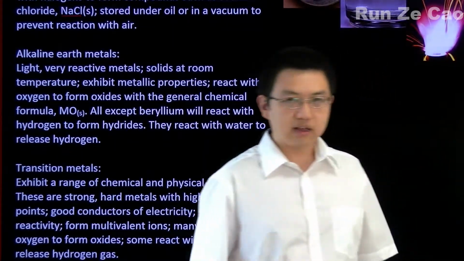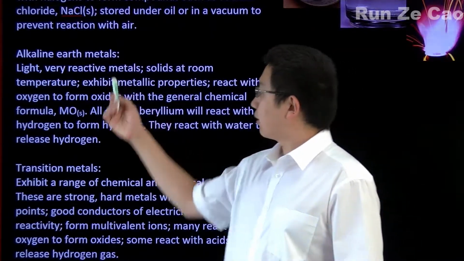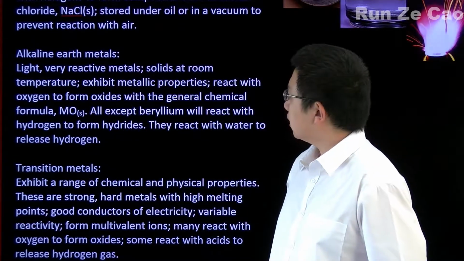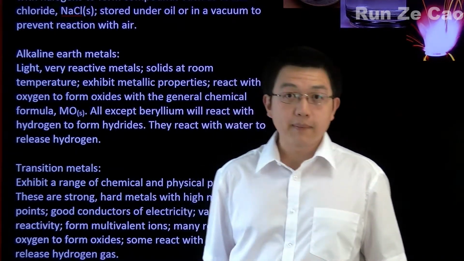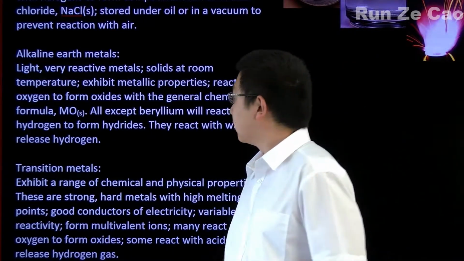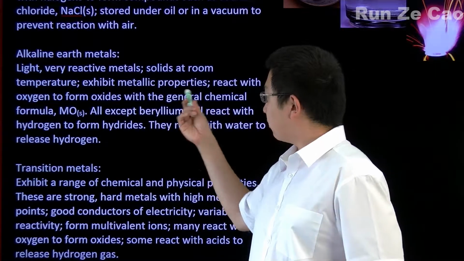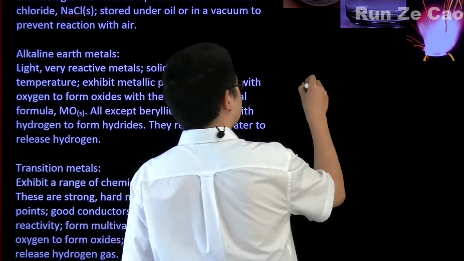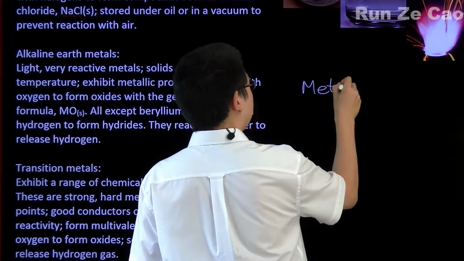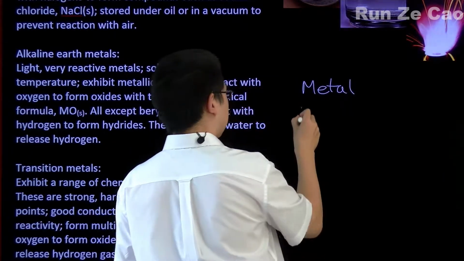Slightly less reactive and less spectacular are the alkaline earth metals. So they're solid at room temperature, just like the alkali metals, and all metals except mercury for that matter. So they show metallic properties. What does metallic properties mean? Ductile.